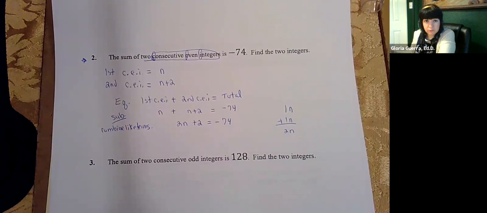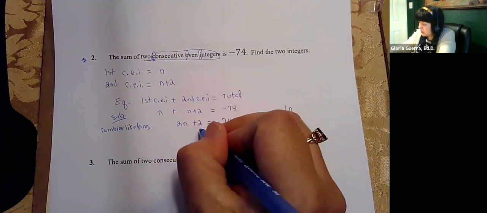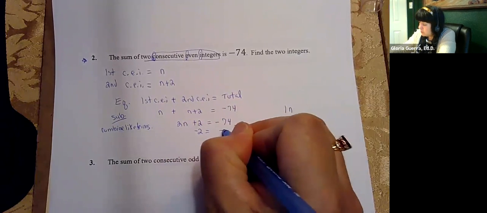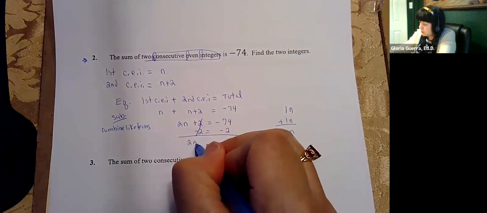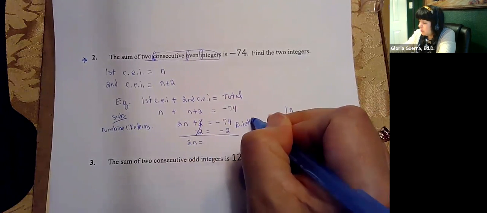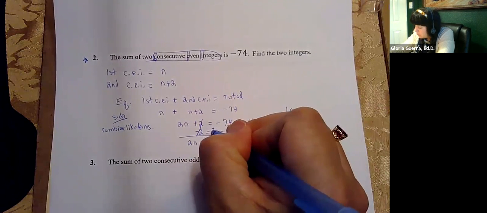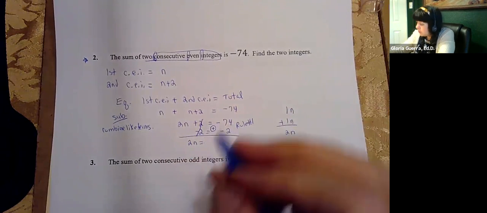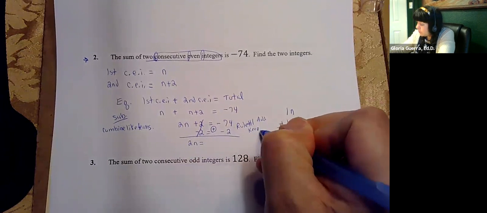Okay, now you want to solve for n. So you want to subtract 2 from both sides. This falls out. 2n equals. And this is rule number 1, right? You're adding two negative numbers. Remember, there's like a little plus sign here. So you're supposed to add, and you're supposed to keep the negative.